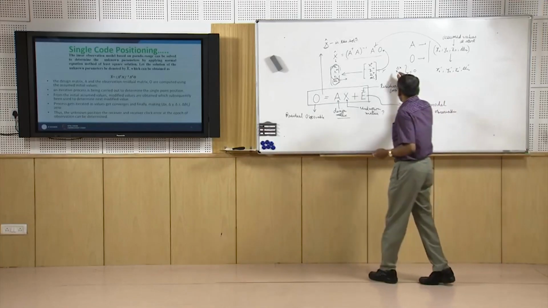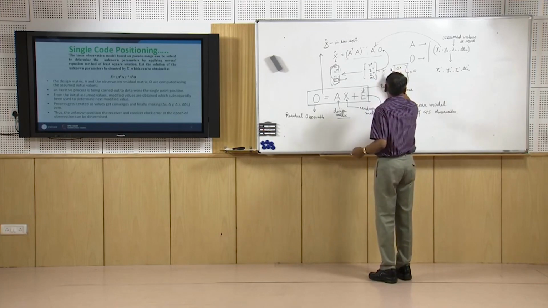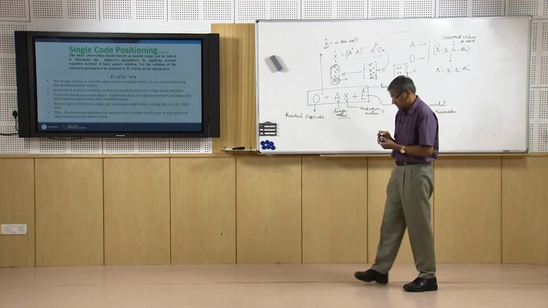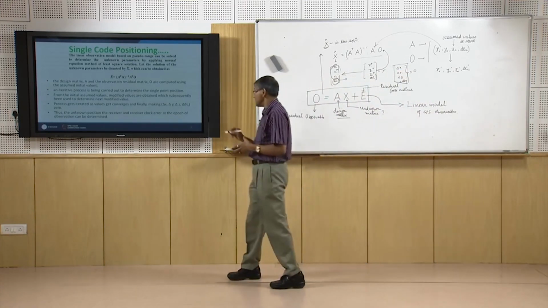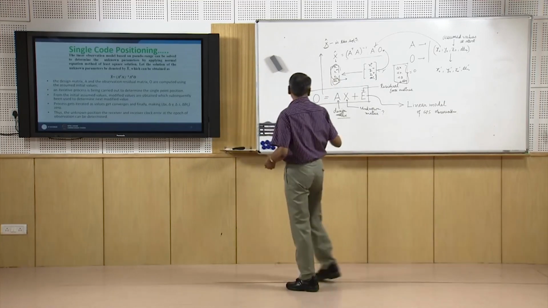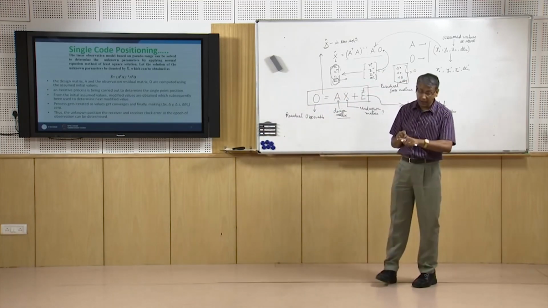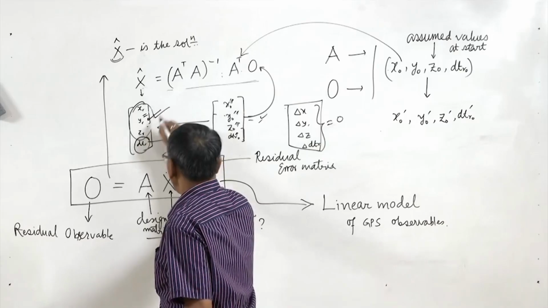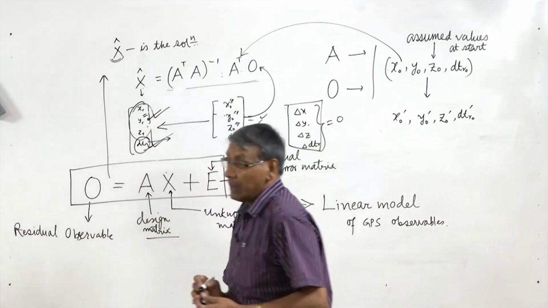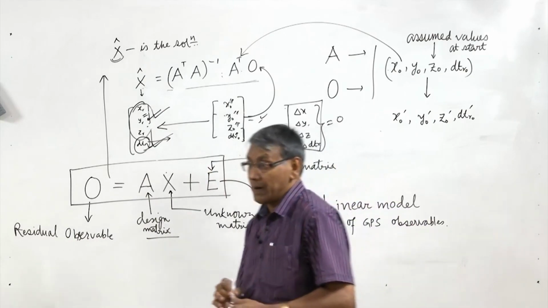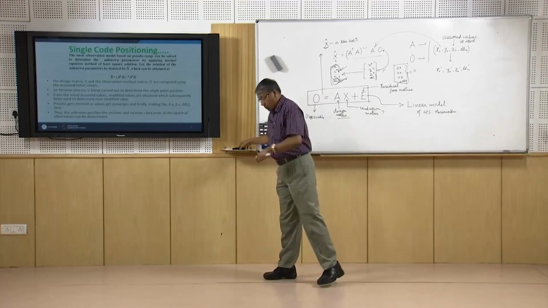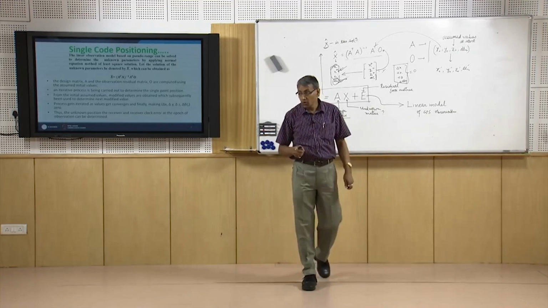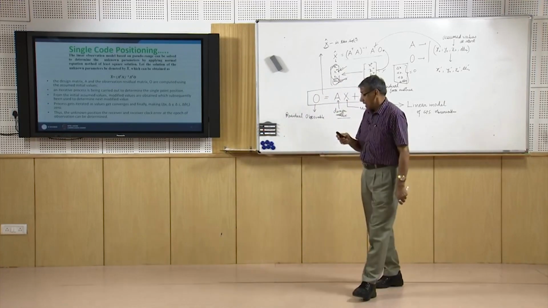So, this is the converging criteria, that del x, del y, del z, del tr is 0. In this way we determine the position of the receiver and the unknown clock parameter.